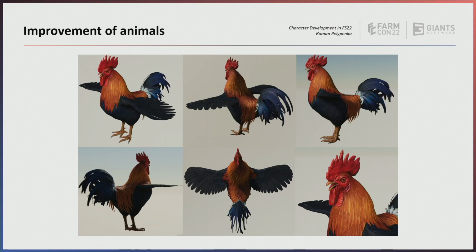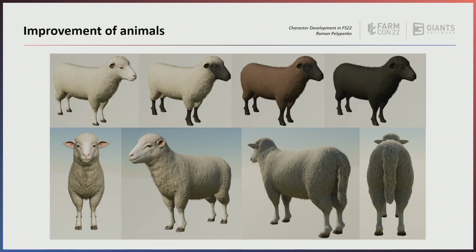The same was done for other animals, like the chicken, where we improved the feathers to make them work nicely in silhouette. With all these additions, we improved the visuals of our animals.